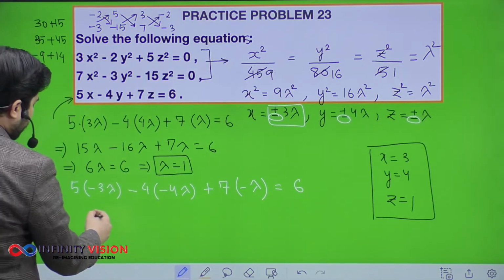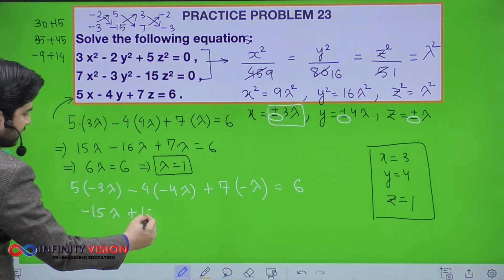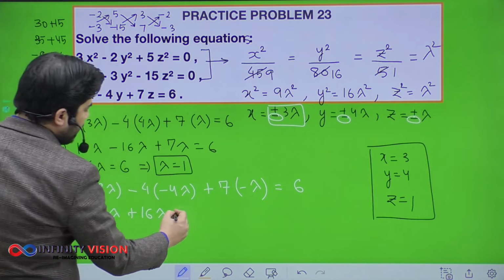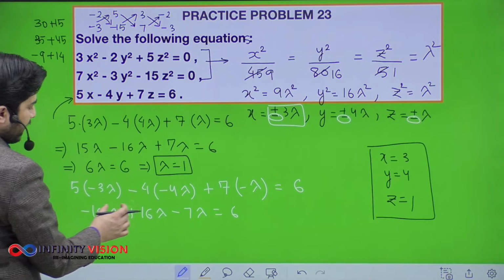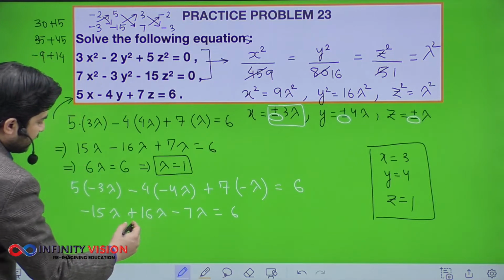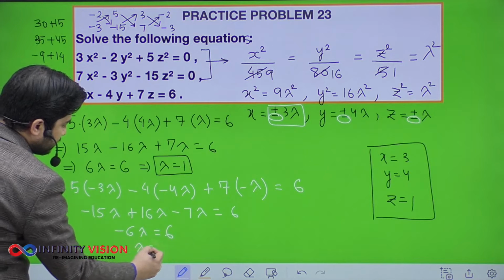What we have is minus 15 lambda plus 16 lambda minus 7 lambda equals to 6. So you have minus 22 lambda plus 16 lambda, that is minus 6 lambda is equal to 6. Your lambda becomes minus 1.